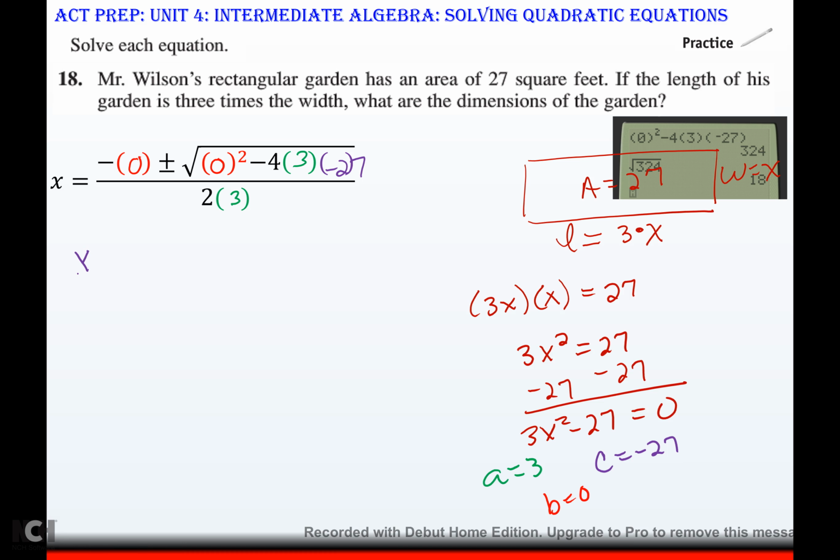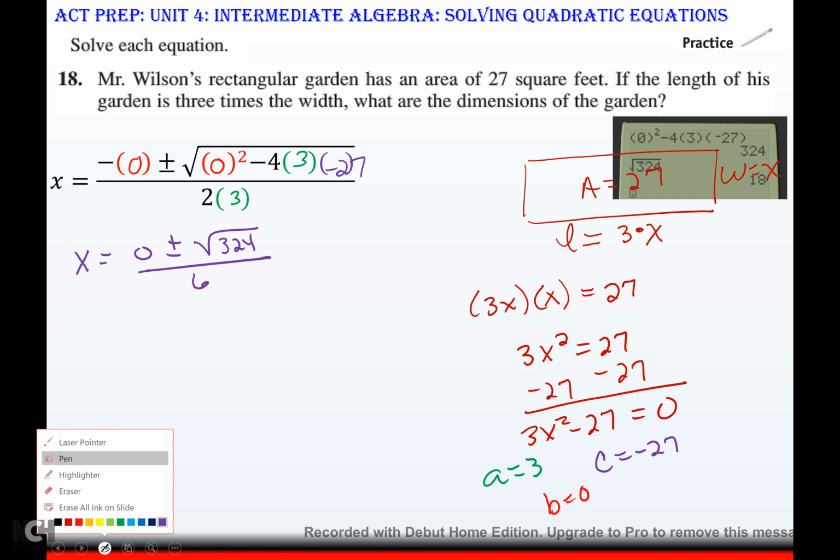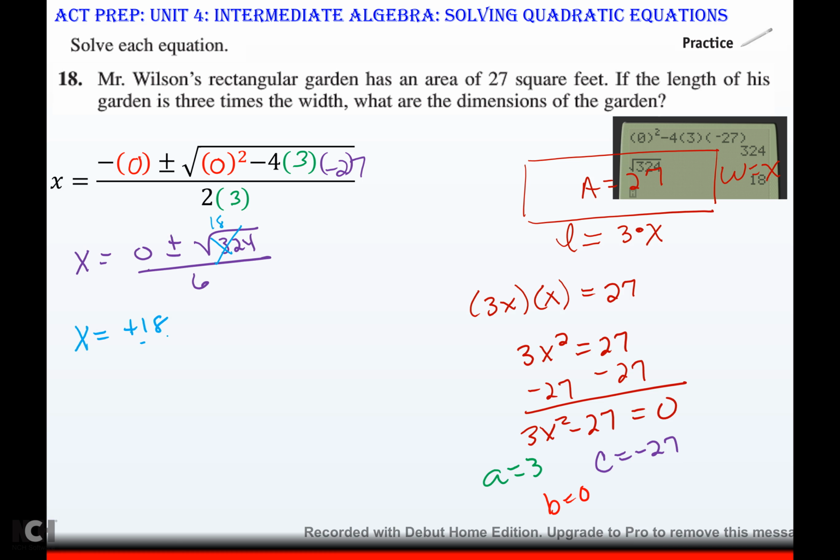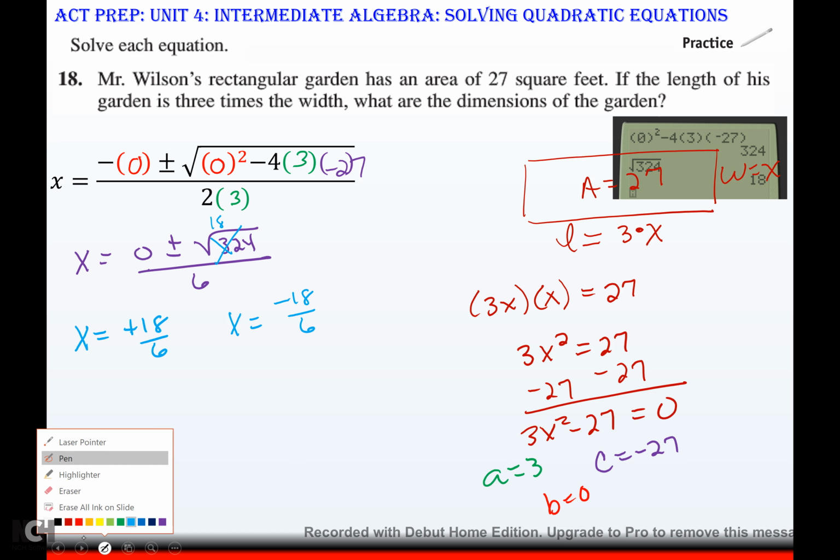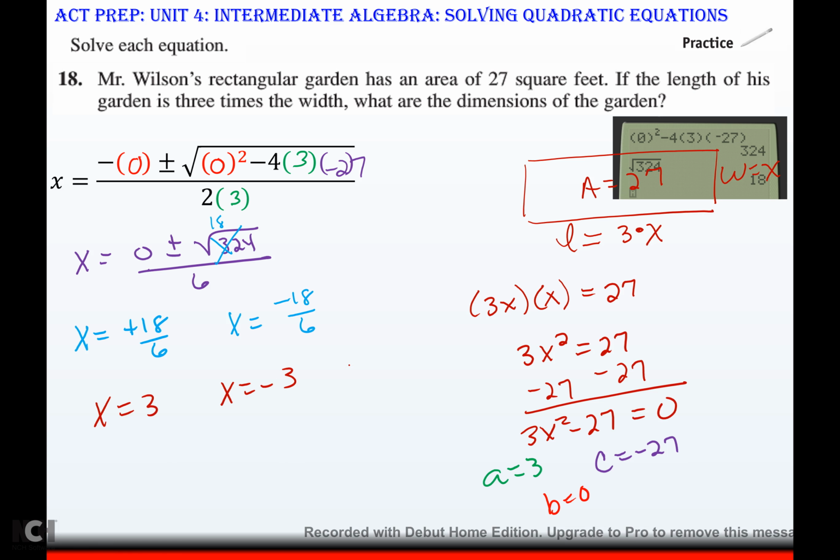So I have x equals 0 plus or minus the square root of 324 all over 6. Well, the square root of 324 is 18. So my two answers are positive 18 over 6, because 0 plus 18, and 0 minus 18 would be negative 18 over 6. So simplifying those, x equals 3 and x equals negative 3.